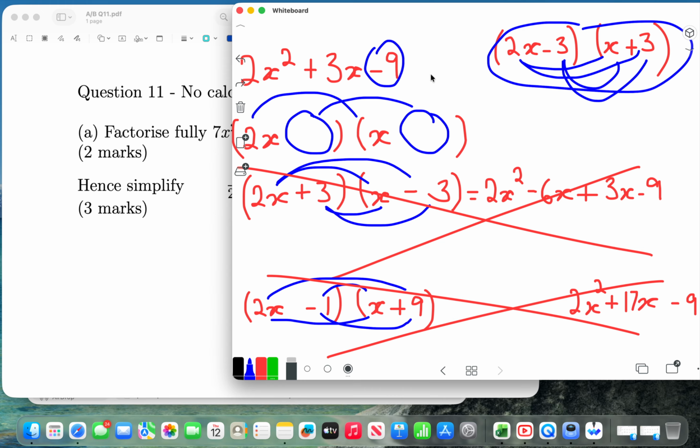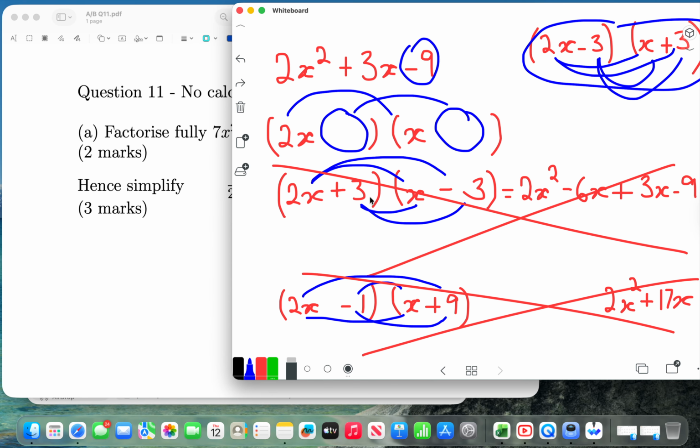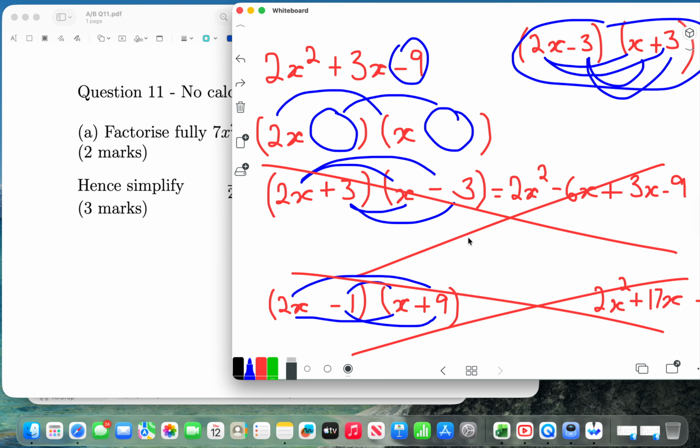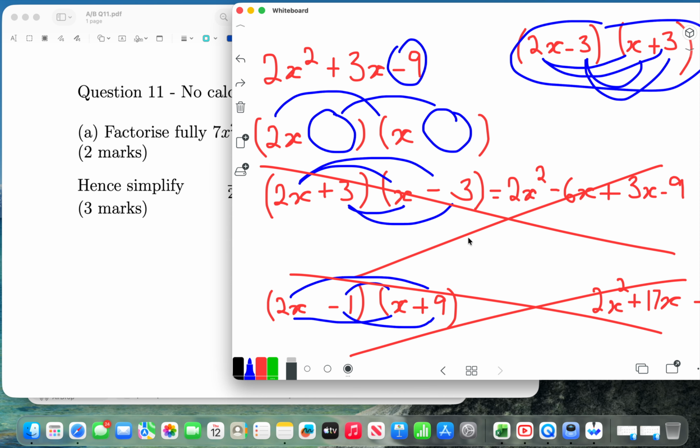Now, if you use this method in an exam, make sure you make it clear which factorisation you're going with. I would suggest scoring out, like I've done, any of the wrong ones, because no matter if the question is an algebraic fraction question or if it just asks you to factorise something, if you use this method, you're most likely going to find a few wrong factorisations, which is okay, but I would suggest scoring them out.